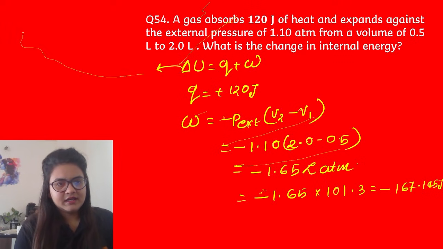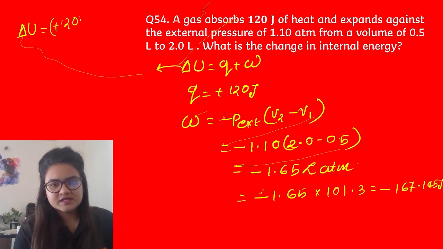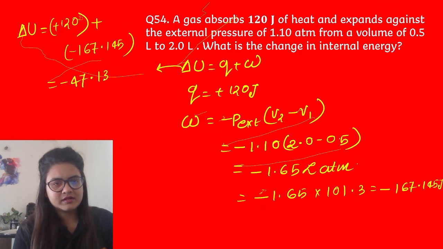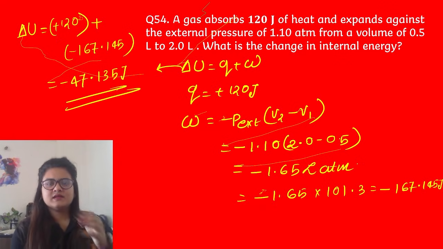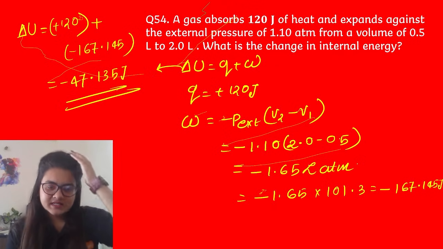So delta U becomes plus 120, because Q value, plus what is the W? Minus 167.145 joule. Okay, this will give you something like minus 47.135 joule. So that's going to be your answer. Okay, I guess it's clear to you.